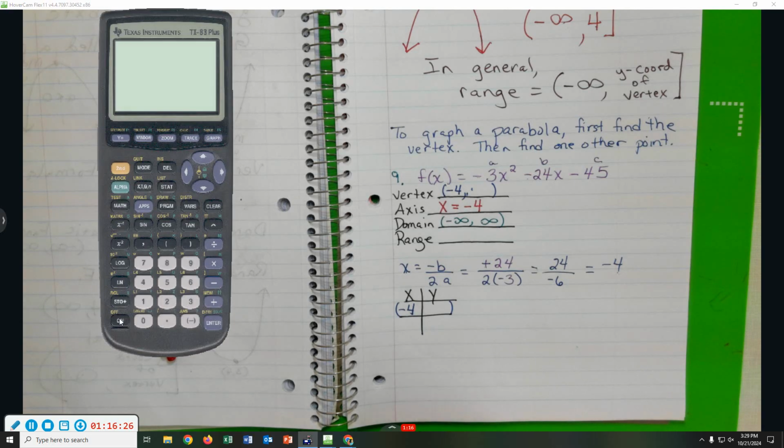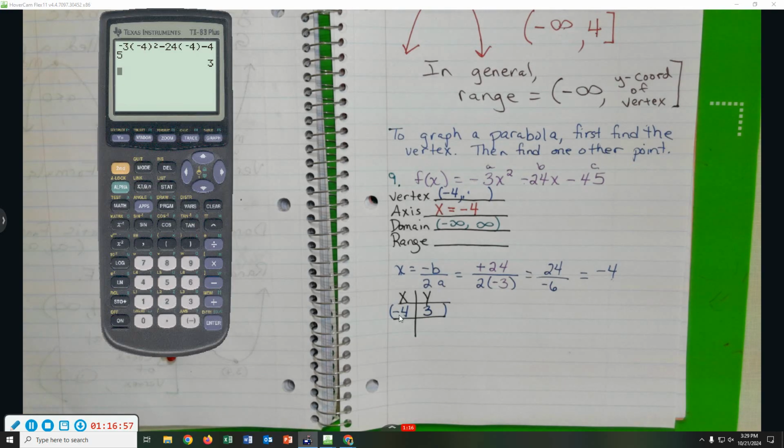Make sure when you're plugging in a negative number, you put it in parentheses when you're squaring it. Negative 3 times negative 4 squared. Negative 4 times negative 4 is 16. 16 times negative 3 is negative 48. Then 24 times a negative 4, that's negative 96, so plus 96. Oh, 3.